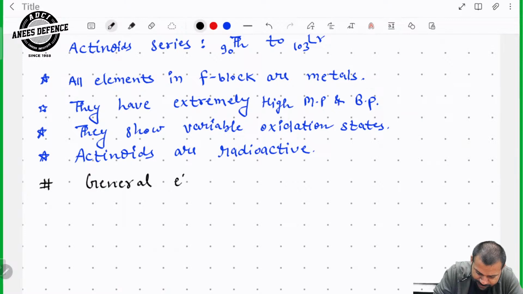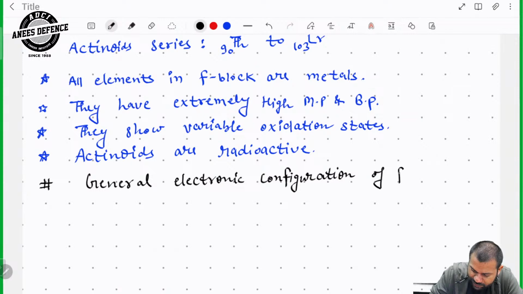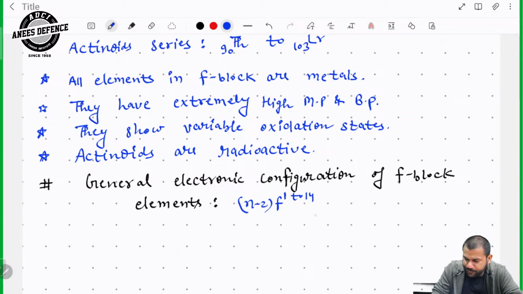So general electronic configuration of F block elements is given by (n minus 2) f 1 to 14, (n minus 1) d 0 to 1 or 2, and ns2.